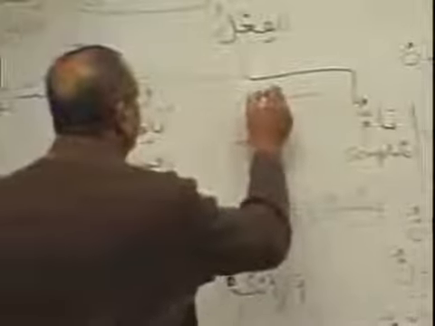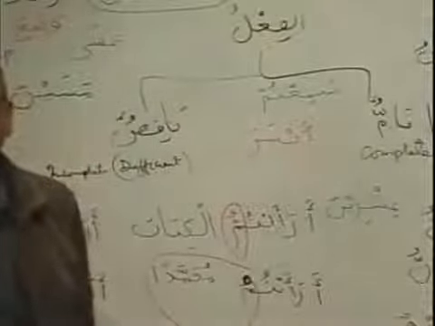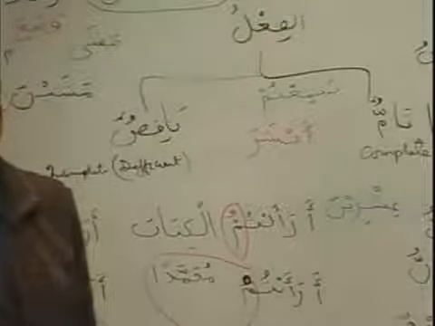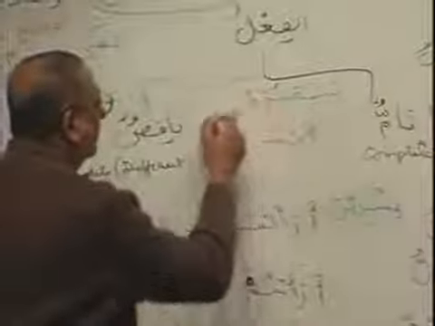Samaitumuhu. Okay, I will write. Samaitum. Is this correct? Where is the fi'l? Samia. Where is the fa'il? Tum. Now I put here the mafulun bihi.